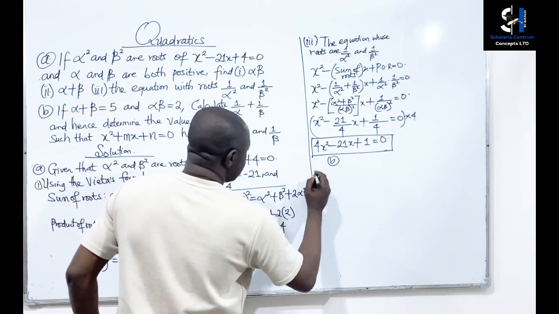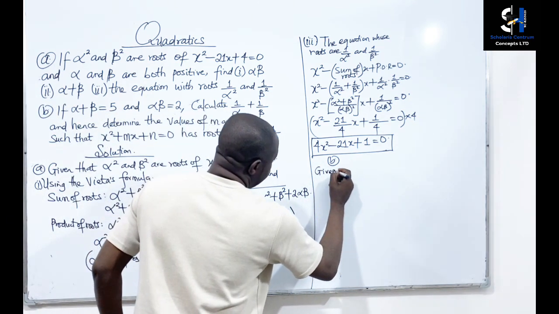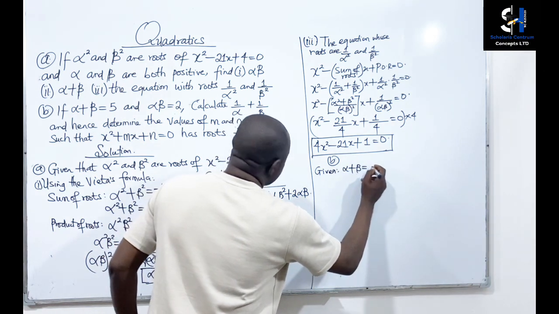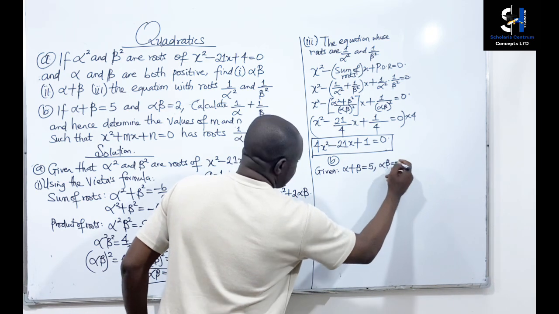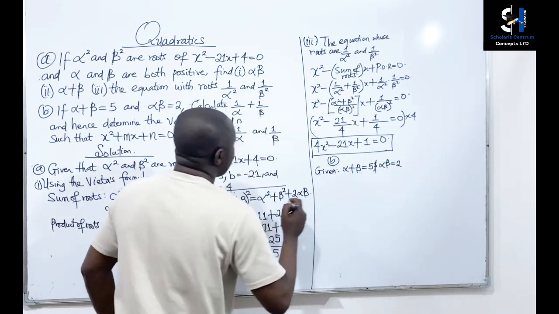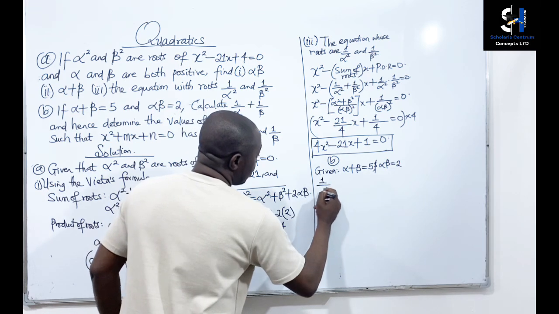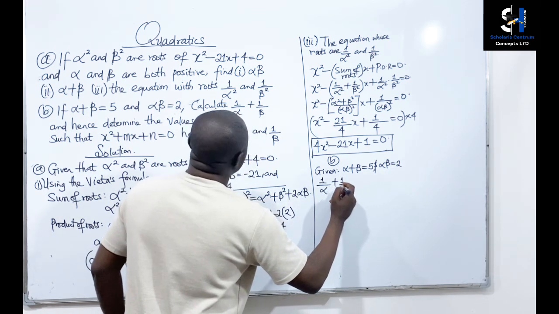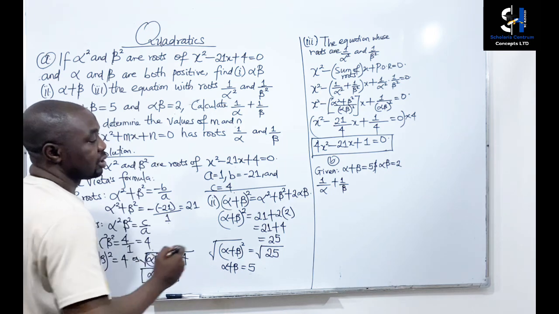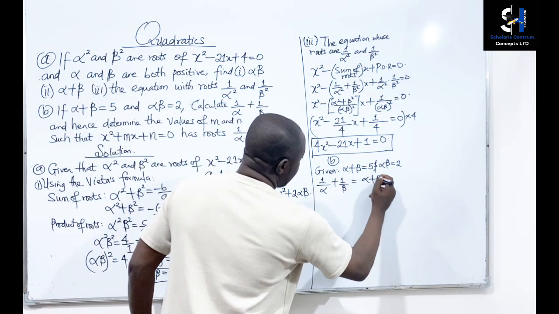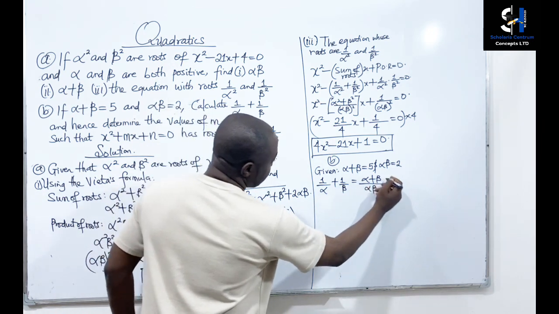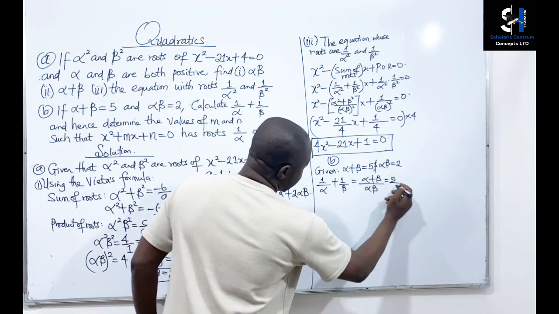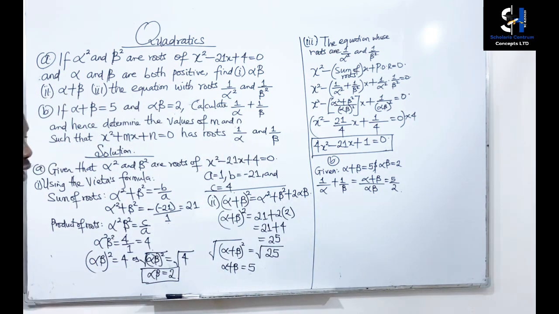We are given alpha plus beta equals 5, alpha beta equals 2. Simplifying 1 over alpha plus 1 over beta, we have alpha plus beta over alpha beta. Alpha plus beta is 5, alpha beta is 2, so that is the value of 1 over alpha plus 1 over beta.